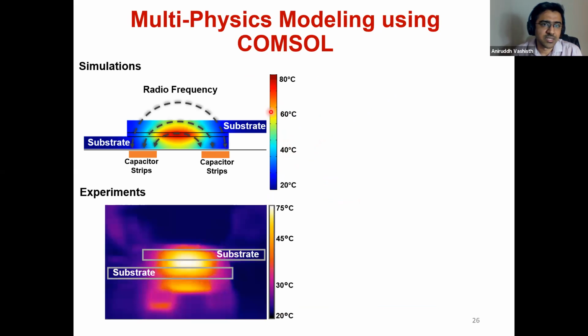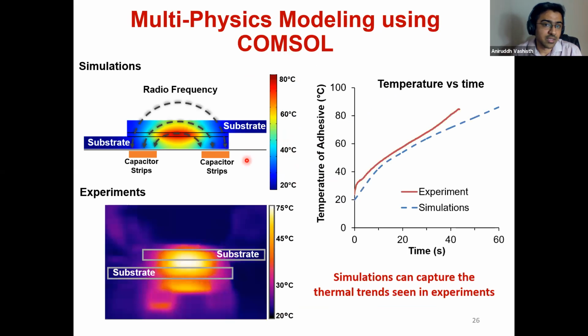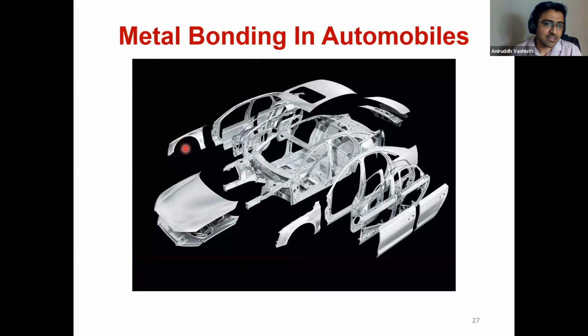This was actually done by one of the co-authors, and if we know the material properties for the substrate and the adhesive, we're able to capture the thermal profile very nicely. So simulations are really nice. They give you a really nice picture of what is happening, how the heating is happening, and you can see that the heating is happening in the adhesive, and the heat transfer basically is heating up the substrates as well.